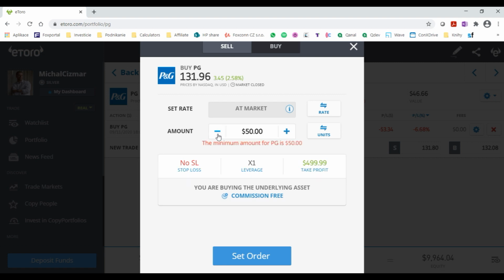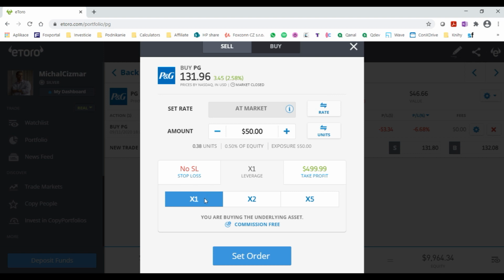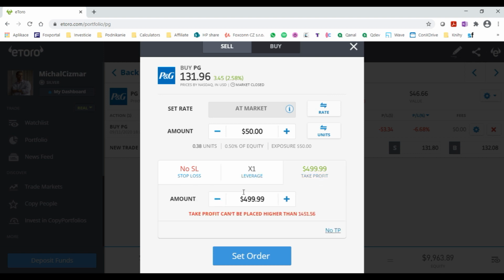Choose amount. I will choose 50. Leverage 1. As I mentioned, I'm not using leverage at all, never. Take profit, so no take profit. What does it mean? It means that I will never close this position, even though the profit would be 100%, 1000%.